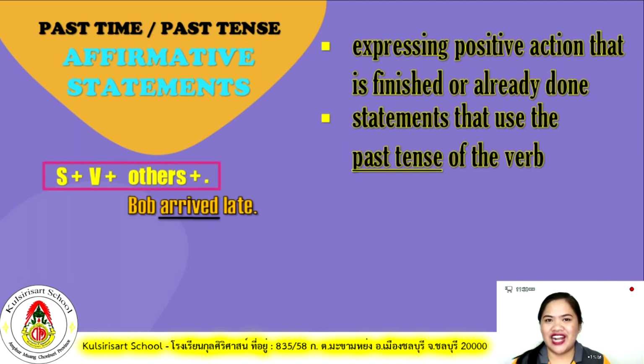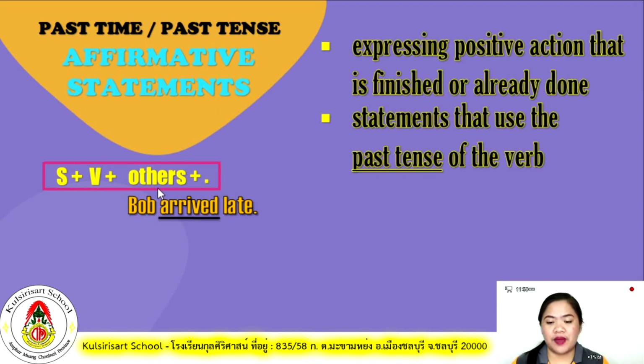Bob arrived late. Again, Bob arrived late. As what you can see, the sentence is following this pattern. Subject, verb, and others. And when we say others, it can be adjective, it can be adverb, and it can be a lot depending on the sentence.